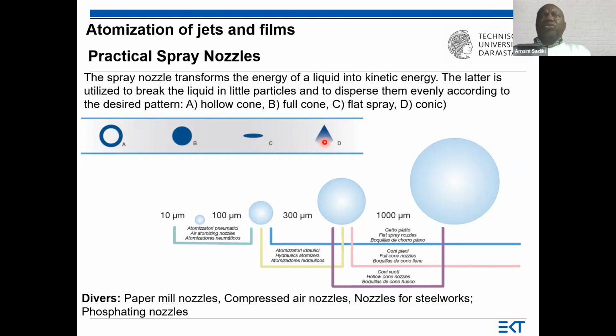So they give you the form we have there, and each one is used to generate a specific droplet size. For example, air atomizing nozzles produce droplets of this size here, and the hydraulic atomizer produces particles of this diameter here, and larger also, or they can also generate only this part.